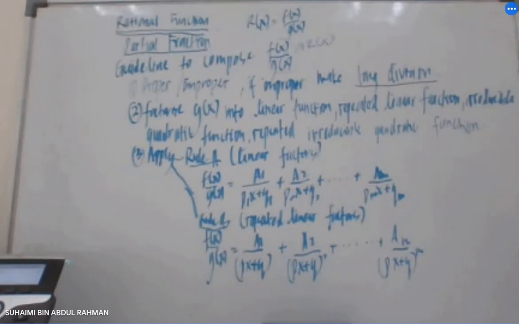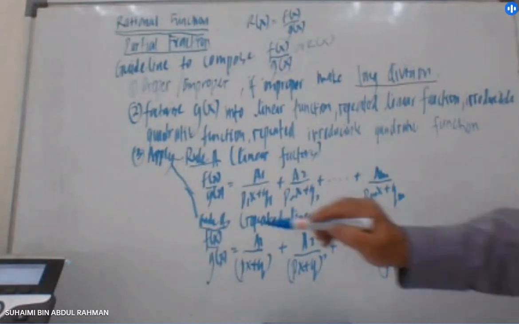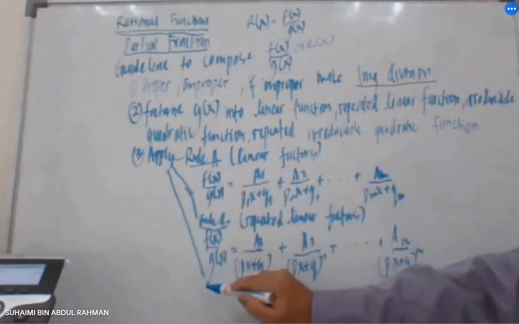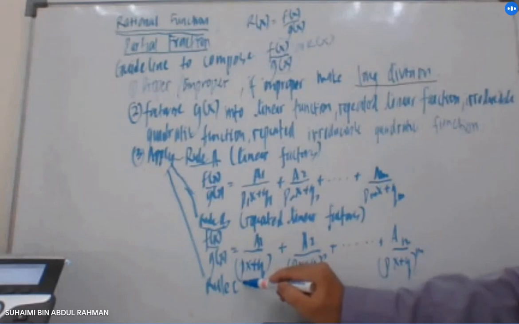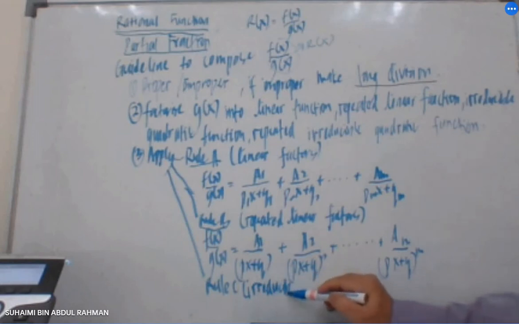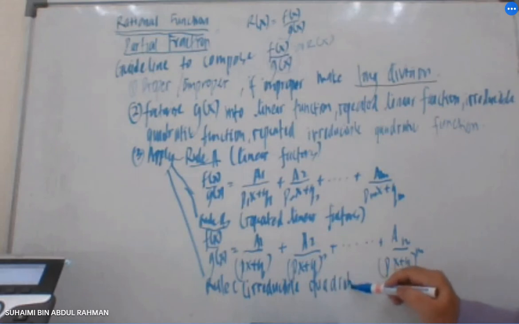We may have rule C. Rule C we use for irreducible quadratic factors.